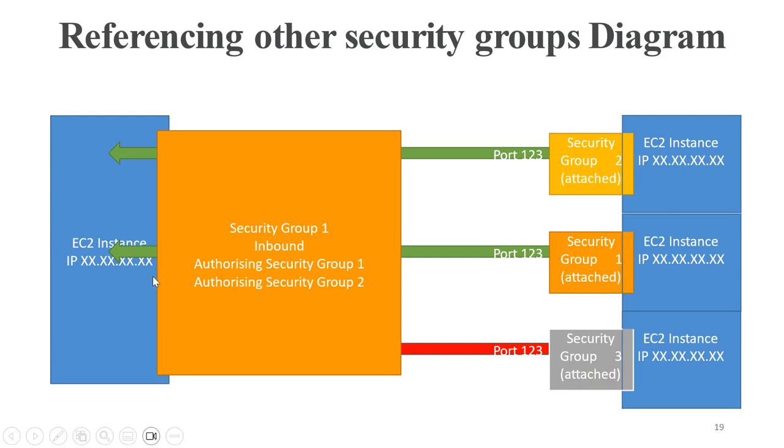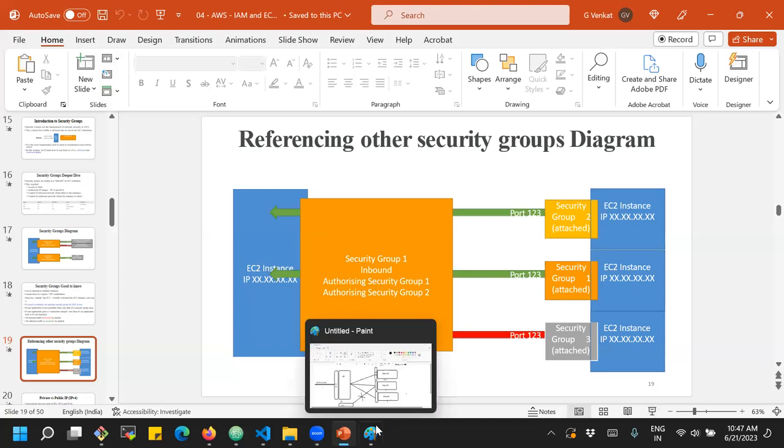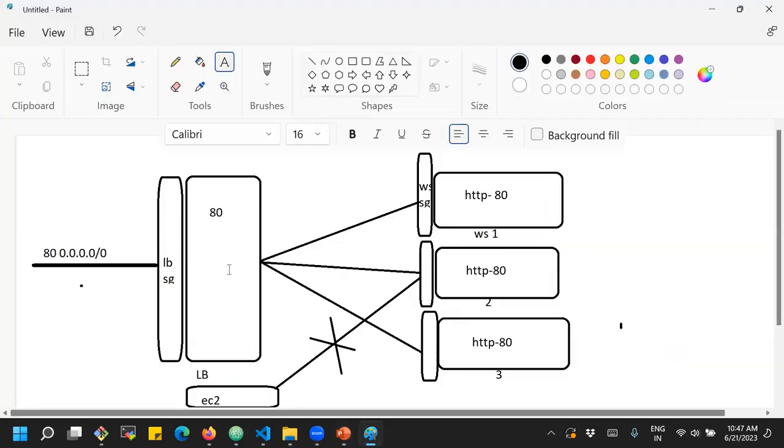Whenever we are designing, especially internally, from the load balancer to the web server layer, web server to the app layer, app layer to the database layer, we use security group references. At the load balancer level, we will allow any IP address. That is a high security risk, but the load balancer can be accessed by anyone, no issues.